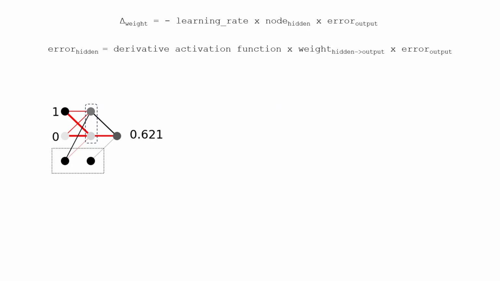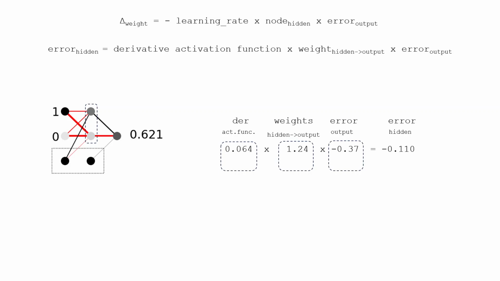But that's pretty cool. Why? Because now, first let's apply it. Let's see the example. So we've got the derivative of the activation functions, we've got the weights of the hidden node to the output, and we've got the error.